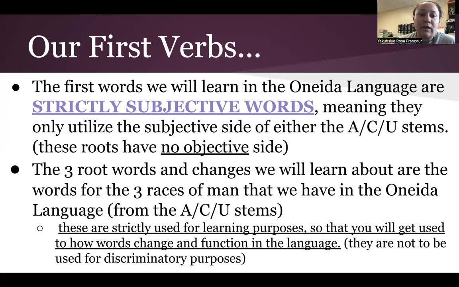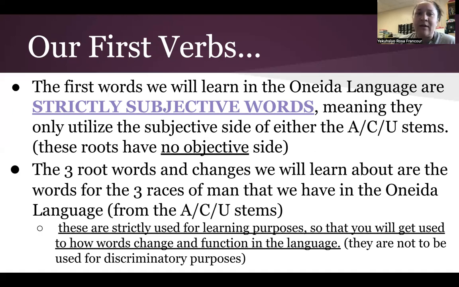The three root words or verbs and changes we will learn about are the words for the 3 races of man that we have in our language. Luckily there's one in the A stem, one in the C stem and one in the U stem, so we just use them. They're strictly for learning purposes so that you can get used to how these words change or are conjugated.